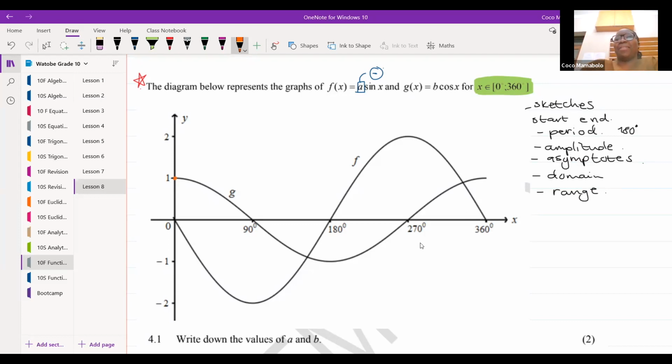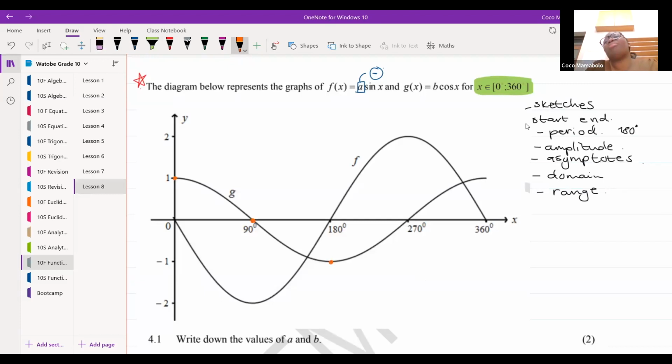Sorry, Tamando. Okay, so we know that our cos graph already starts in the correct place. Now we just need to make sure that our mother graph of cos goes through the correct points. So we know that normally our cos graph would cross at 90 and our 180 for a cos graph would be at -1.